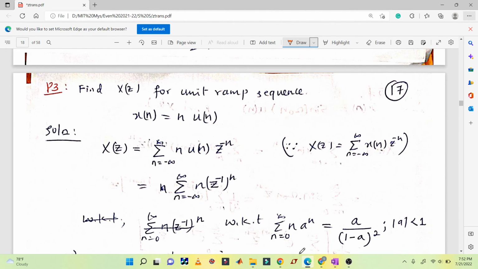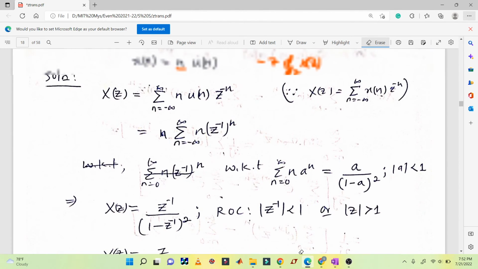If it is given for 3 marks, two problems will be given, like using properties you have to solve. Then you have to go for multiplication by n, which is nothing but minus z d by dz of X of z. This property you can utilize. Now it is not specified, that's why we have to follow the procedure, that is using the equation we have to solve.